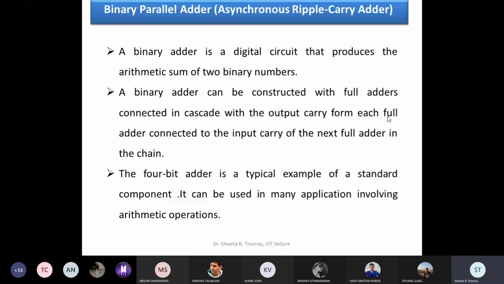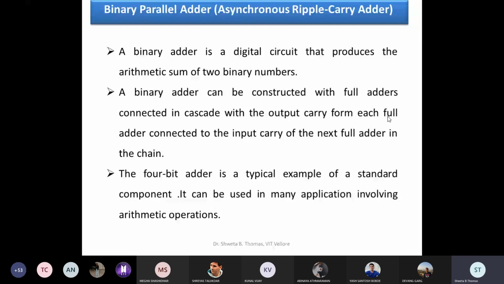In the binary parallel adder, which is also known as asynchronous ripple carry adder, if you want to add two numbers, for example 4-bit binary numbers, you can add them directly. But what is the limitation here? All the bits should be present simultaneously at the input itself.